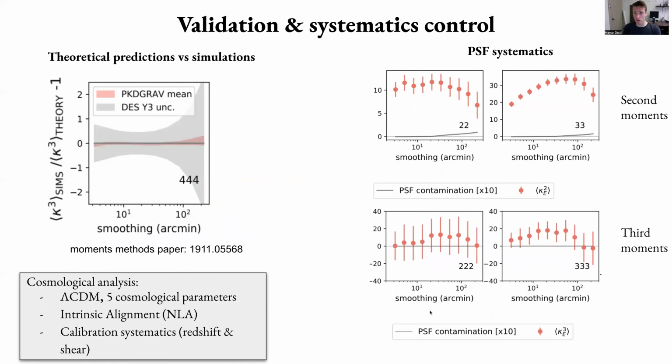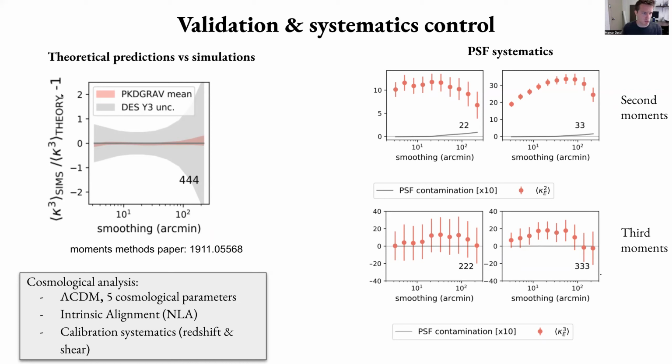Of course, all of this has gone through some serious validation. For instance, once I developed my analytical model for the third moments, I went to two different sets of independent N-body simulations, I measured the moments in those simulations, and I compared to my model predictions, and the comparison was good enough. You can see this on the left.